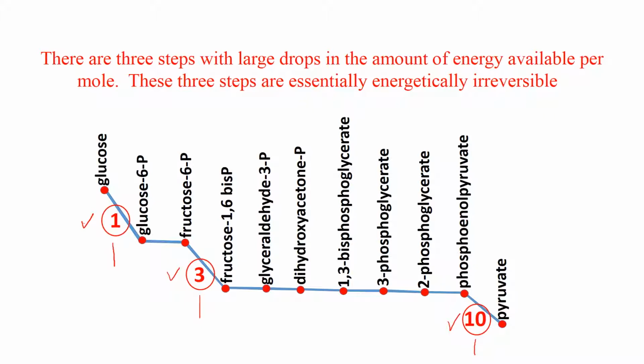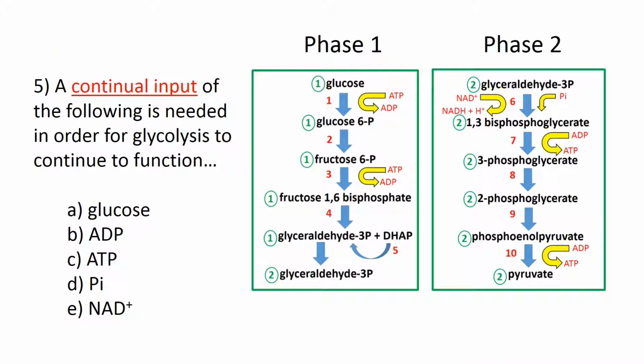In addition, for glycolysis to function or to continue, there needs to be a continual input of the following. There needs to be glucose available. So if the cell runs out of glucose, here at the top, glycolysis stops. There needs to be ADP, and as you see, ADP is required at step 7 and at step 10.